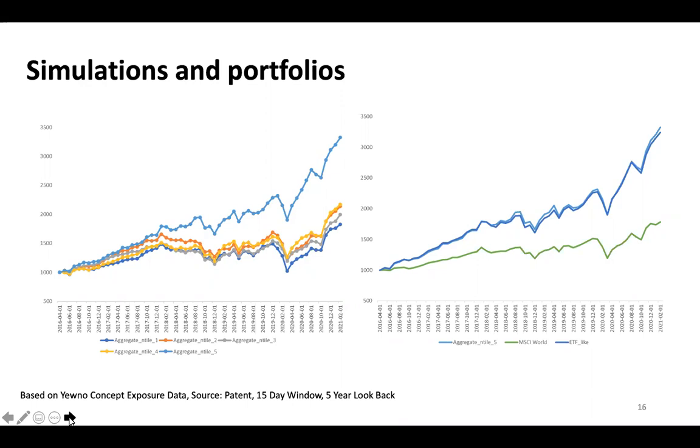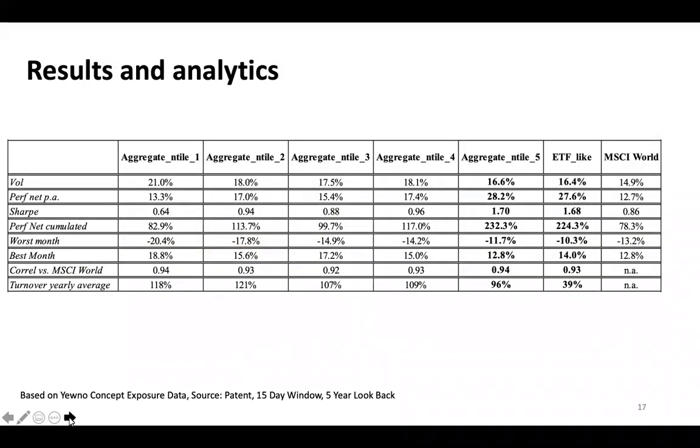So now if we want to see some analytics in order to recap all the different portfolios that we've created, on the next slides you'll see a table which is summarizing some of the findings. This is the typical boring table with volatility and net performance, and this time I removed transaction costs, and I also assume broker fees, but this is long only very liquid stock, so it doesn't have an impact to some extent.